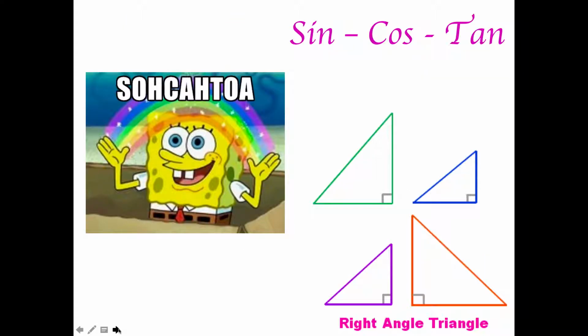So now you have SohCahToa, or SpongeBob, and I'm sure you can hear him say it. Something that we're looking at for right triangles: sine, cosine, and tangent. This covers 3 lessons in our geometry course. Hopefully, it's painfully obvious now how we are going to be using these equations.